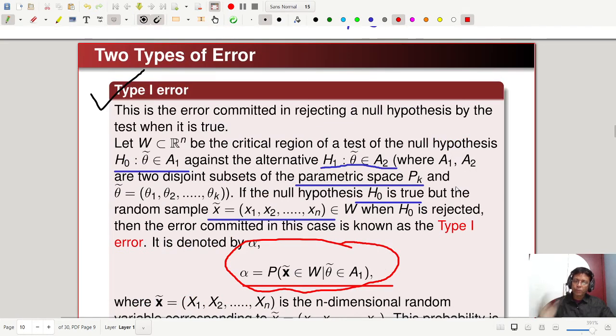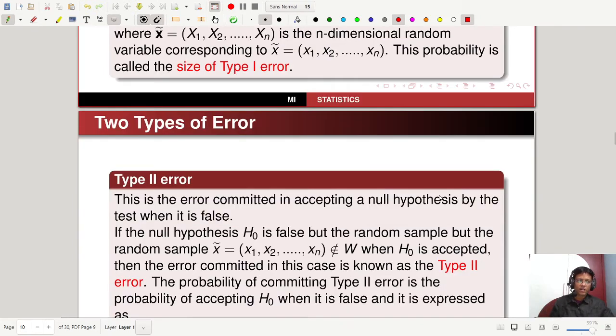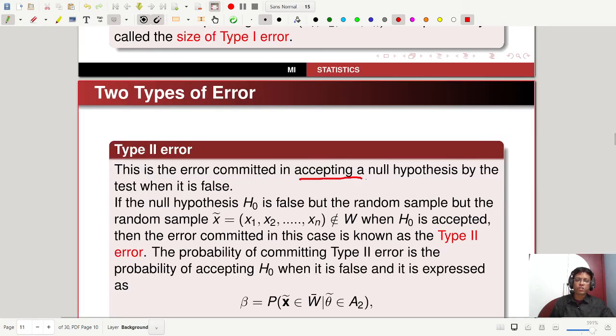Now what will be your type 2 error? A false null hypothesis is accepted. This is the error committed in accepting a null hypothesis by the test when it is false. The null hypothesis was false, but you are accepting it by the test.